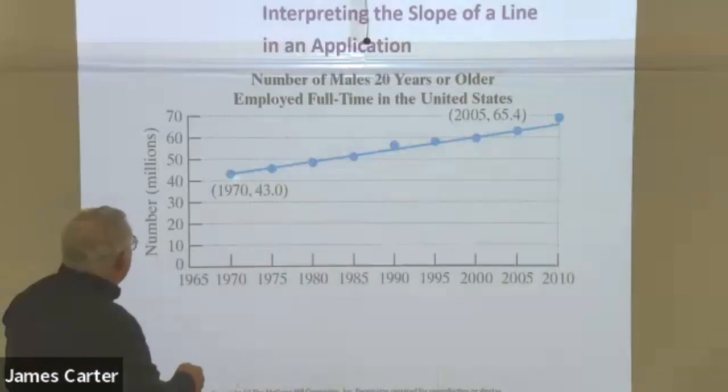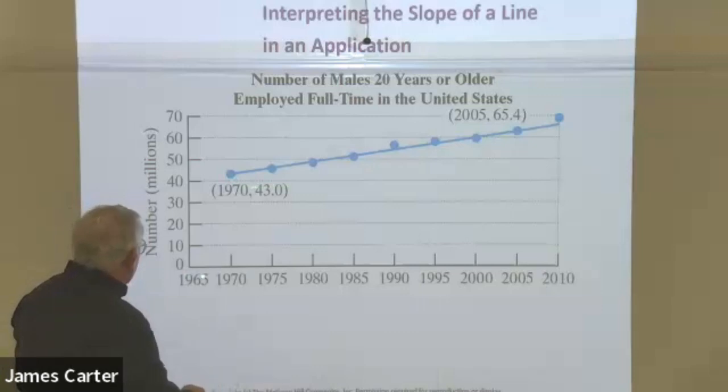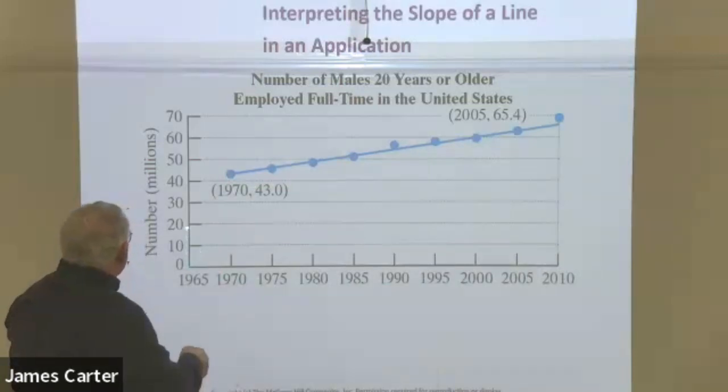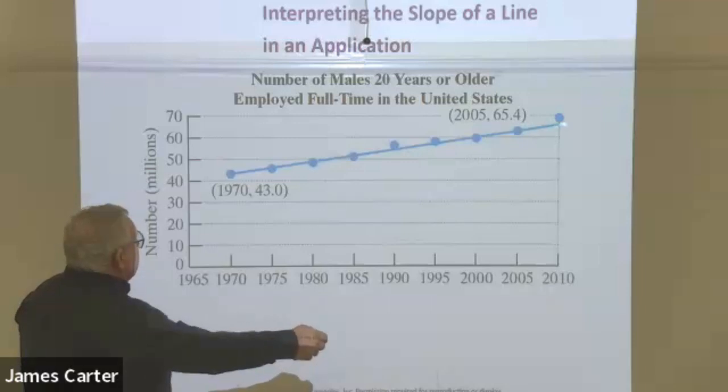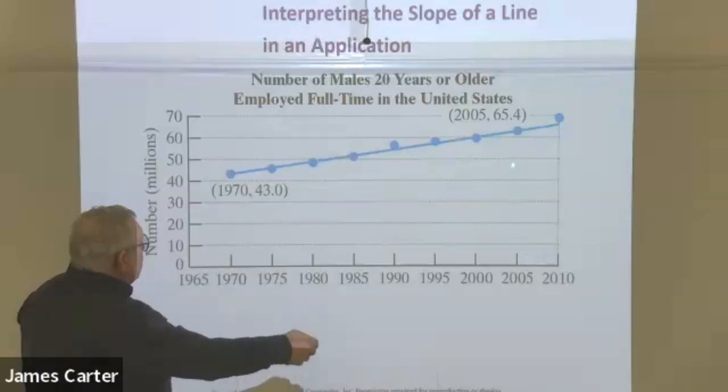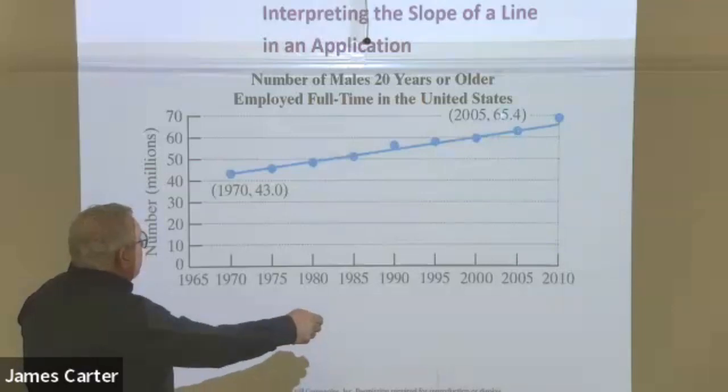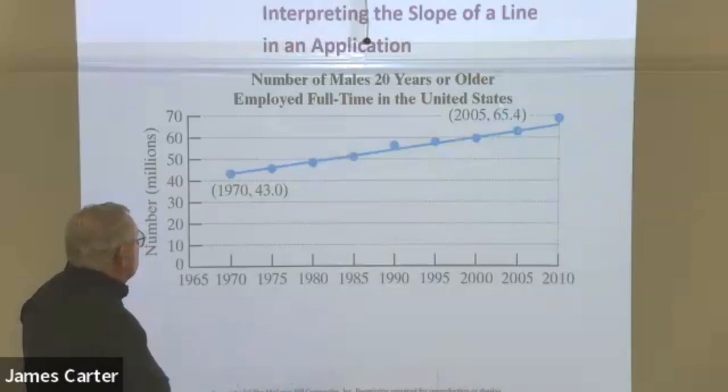In 1970, there were 43 million. These are years in increments of 5s. This is the number of workers in millions. It tells us in 2005, right here, that there were 65.4.